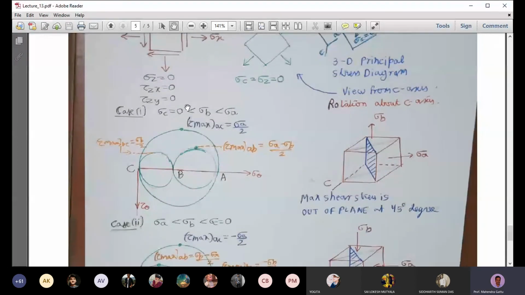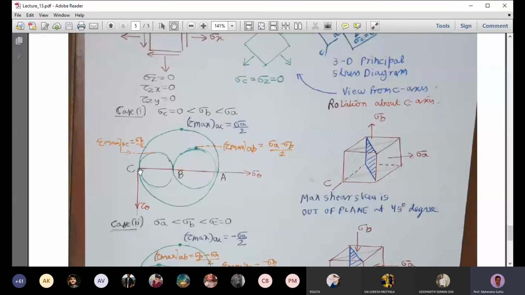So the first case is both principal stresses are tensile, and sigma A is greater than sigma B. So what we'll get is sigma A is greater than sigma B and sigma C is 0. So this relation we will get, and we can plot the Mohr circle. First we draw the sigma theta axis and then tau theta axis, and we can identify the coordinate for each of these principal stresses.